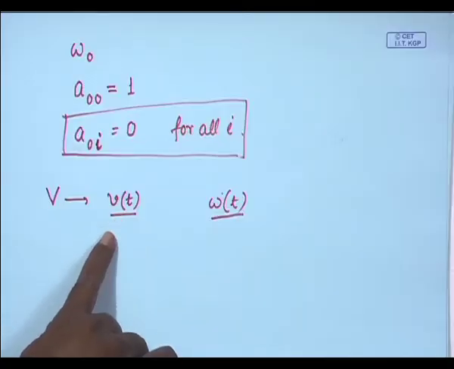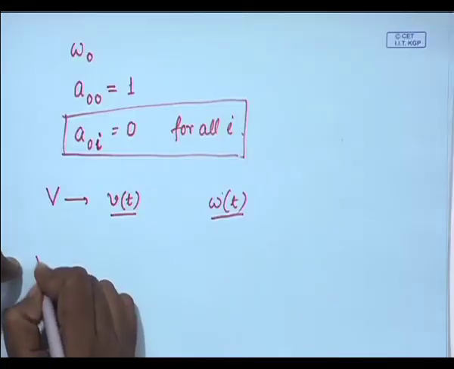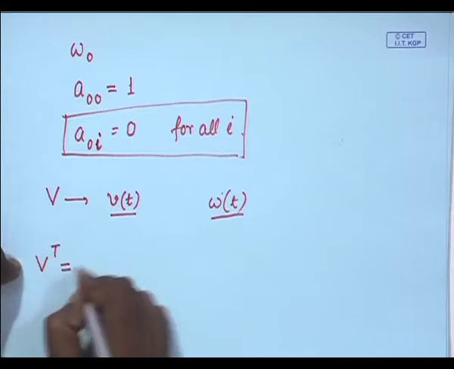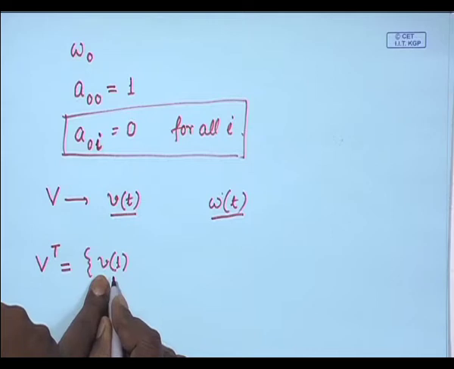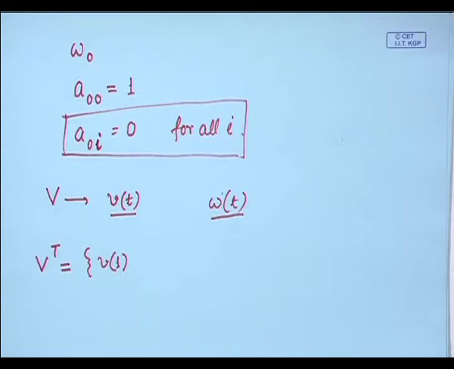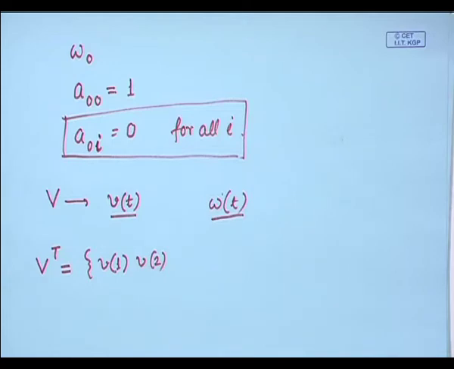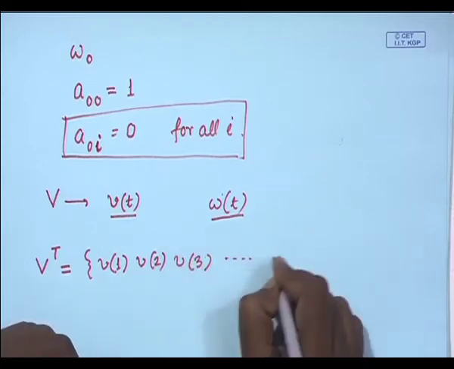In a similar manner, for the visible states, I can have a sequence of visible states of length capital T, represented by V 1, that is the visible state emitted by the machine at time step t equal to 1. Similarly, V 2, emitted at time step t equal to 2. Similarly, V 3, and it continues up to V T.